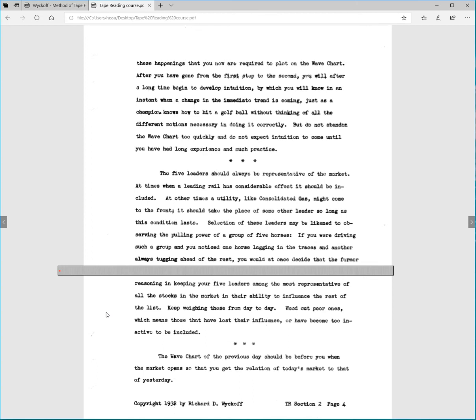He's big on selecting leaders, because any significant change impacts the leaders, since the big money is in the leaders. It's not in penny stocks. It's in the leaders.